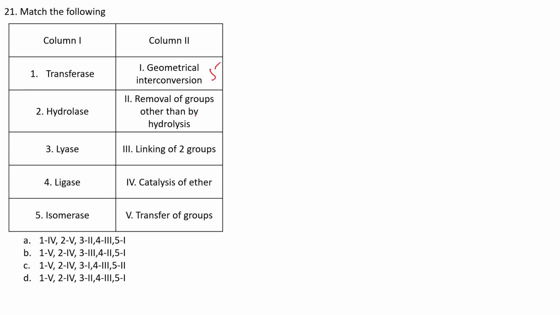Removal of groups other than by hydrolysis is mainly done by the lyase, so 3 is going to be our option over here. Linking of two groups is mainly done by the ligase, hence we can write fourth over here. Catalysis of ether ester bonds is done by the hydrolase, so 2 is our answer for this, and transfer of groups is mainly done by the transferases, so 1 is going to be over here, right?